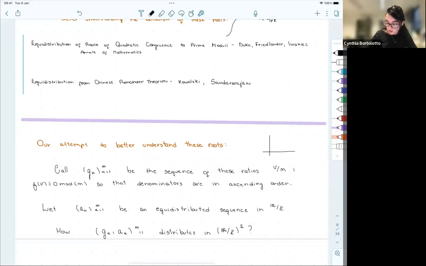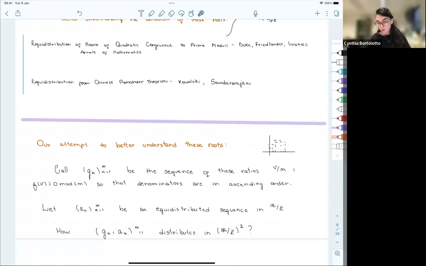So we take our original sequence and pair it with another sequence, and we want to know if they are equidistributed or not. And we observe that if we prove such a result for a sequence a_k, we are showing that our original sequence and the sequence a_k are not correlated in some sense. So that's what we want to prove.